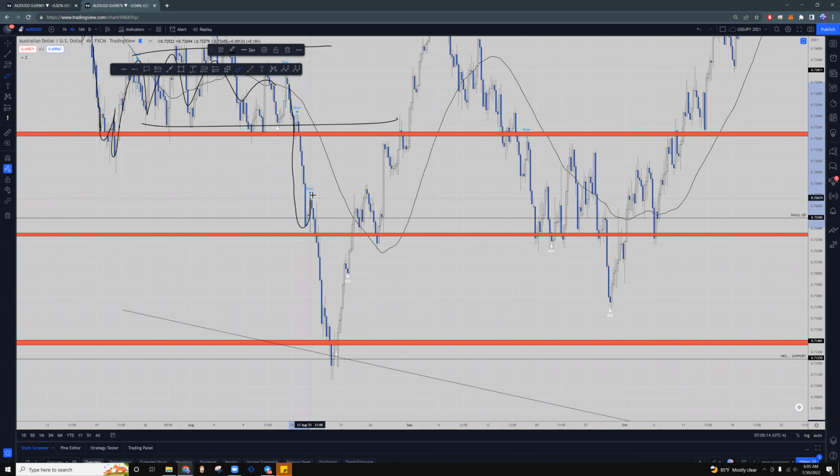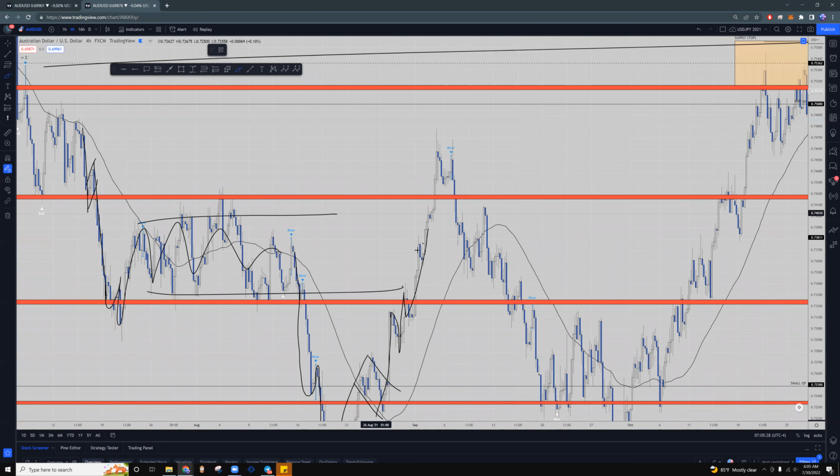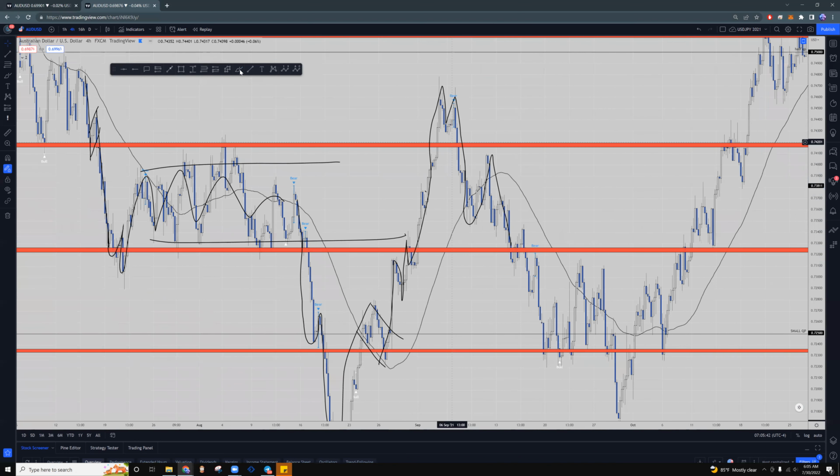So impulse, pullback, impulse, correction, impulse, pullback, impulse, pullback, impulse. Small pullback, double top, drop. That's a little ugly. I'm not really sure what we would call this. Just keep it moving, right? Just flow.